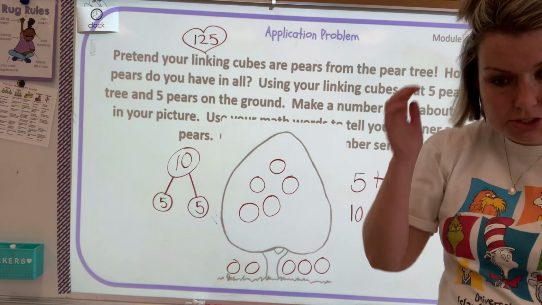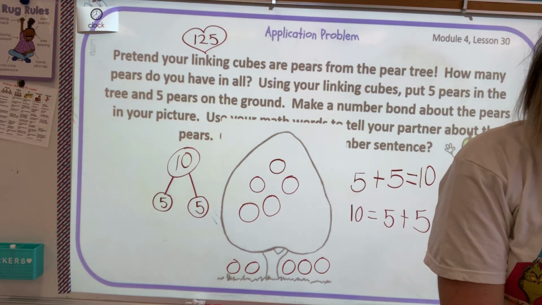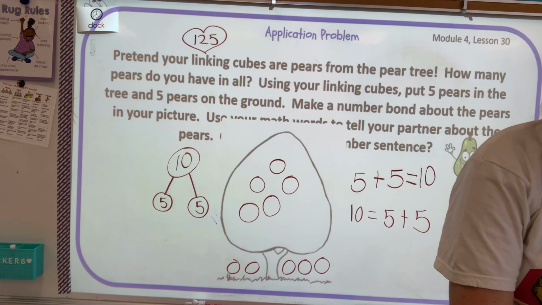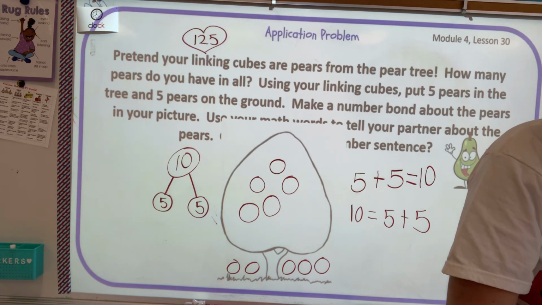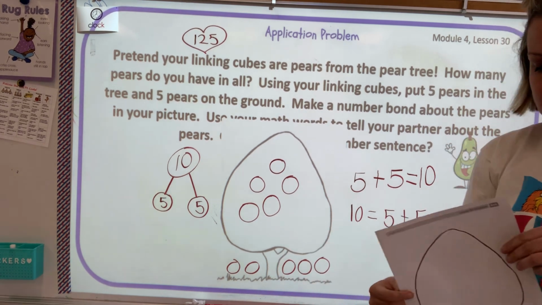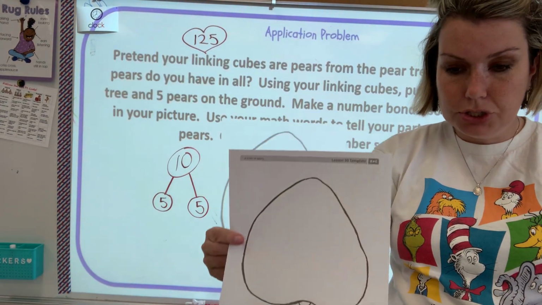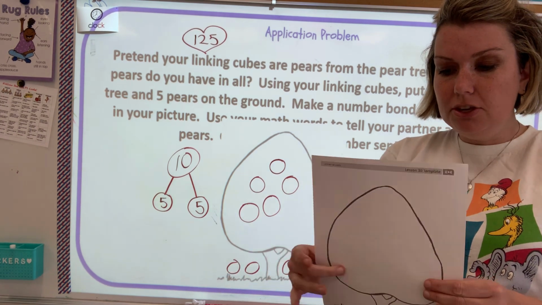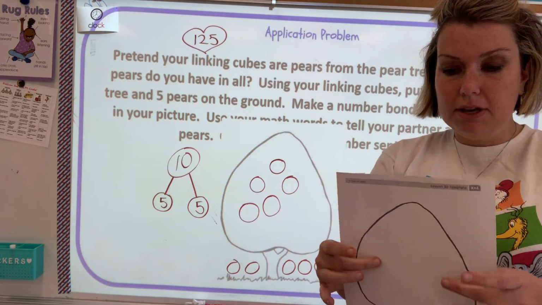Now, once you've done that, if you turn back 2 pages on page 129, it's very easy to pull out, you'll see a tree like this. This is just a template that you're probably going to use cubes on.